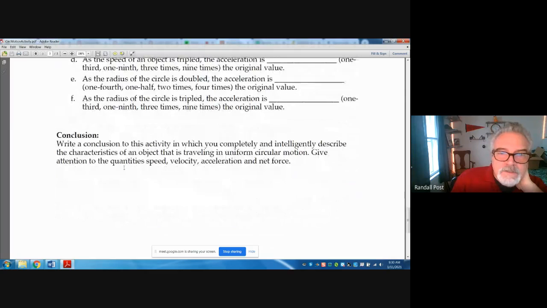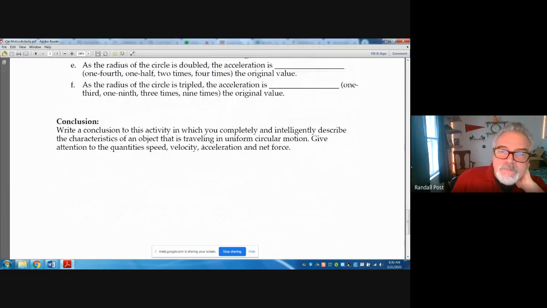Write a conclusion which intelligently describes the characteristics, okay, how one thing affects the other. Give attention to speed, velocity, and acceleration. Okay, so what happens?